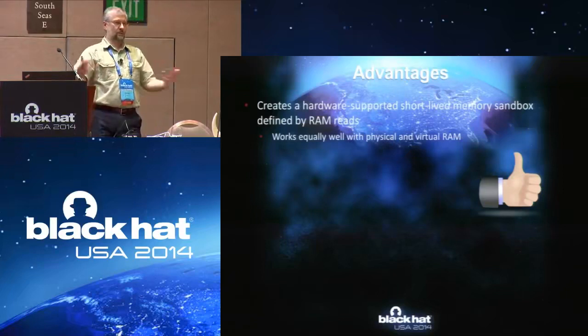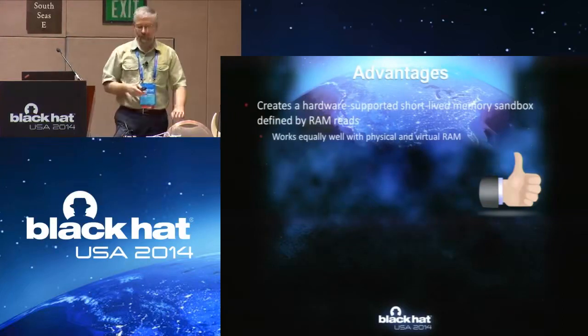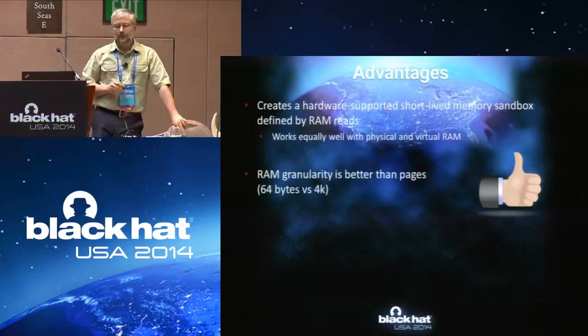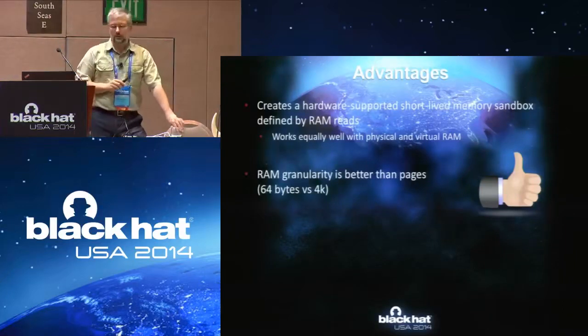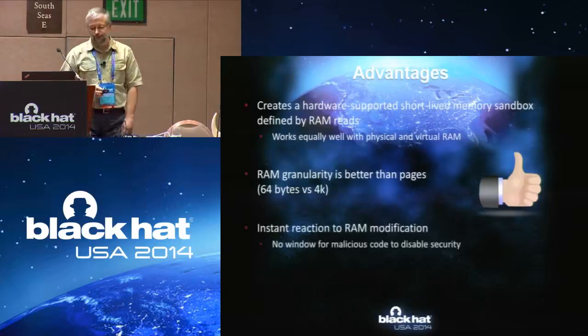And as soon as some suspected thread writes into any of these cells, or cache lines, a hardware-supported abort will happen. The granularity of protecting memory is 64 bytes, which is way, way better than page tables. 64 bytes versus 4 kilobytes.